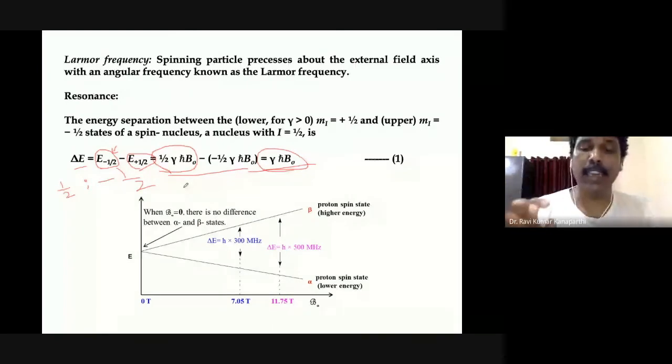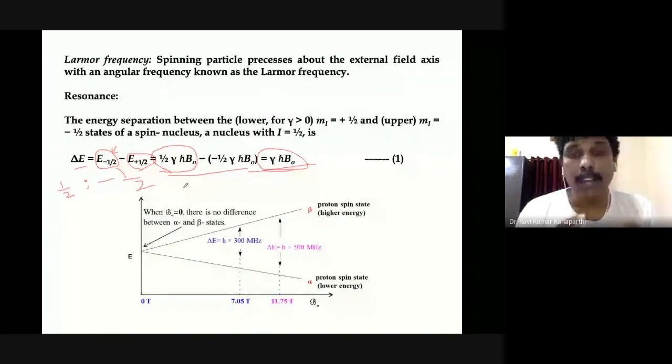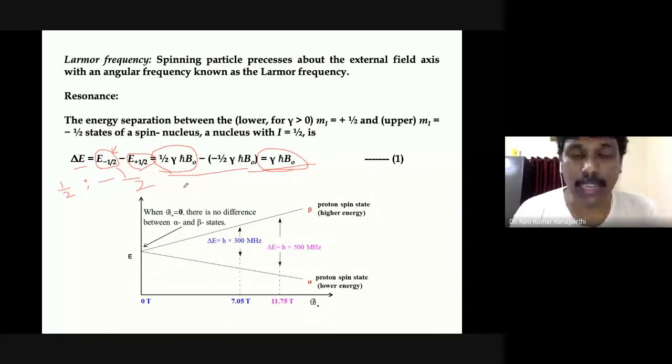The energy gaps of any atomic nuclei that you may take are basically of the order of a few megahertz. Therefore, radio waves are appropriate for making transitions between their nuclear energy states. So in NMR spectroscopy, people use radio waves. Why?